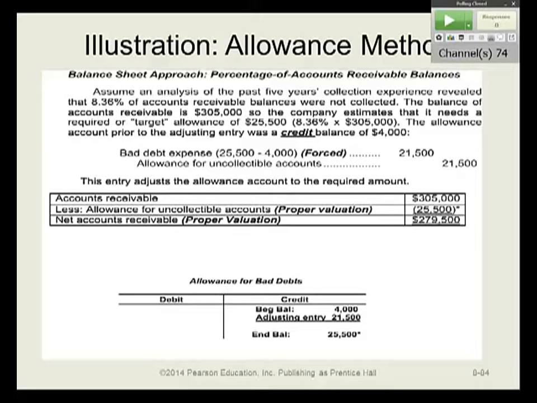It's more likely to be what you would have to pay to replace that inventory, so it gives you a better balance sheet value. But it gives you a lower cost of goods sold, and it maybe overstates profits. So again, there's always a trade-off between balance sheet and income statement perspectives. All right, so any questions on that notion of forcing the expense versus forcing the allowance?